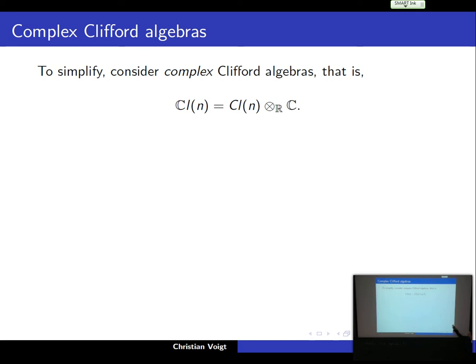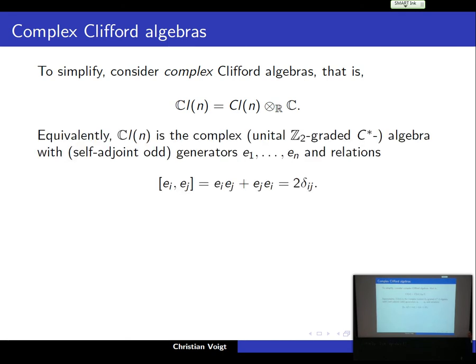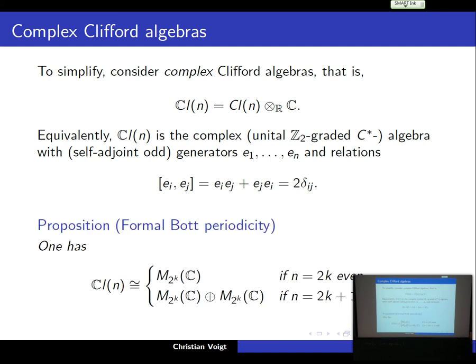Anyway, just take your algebra CLN, tensor it with C, and you get the complex Clifford algebra, and you can also define it directly, of course. Just instead of looking at the real algebra with generators and relations, you just take the complex algebra. It simplifies things in the sense that the structure of the algebras gets easier.